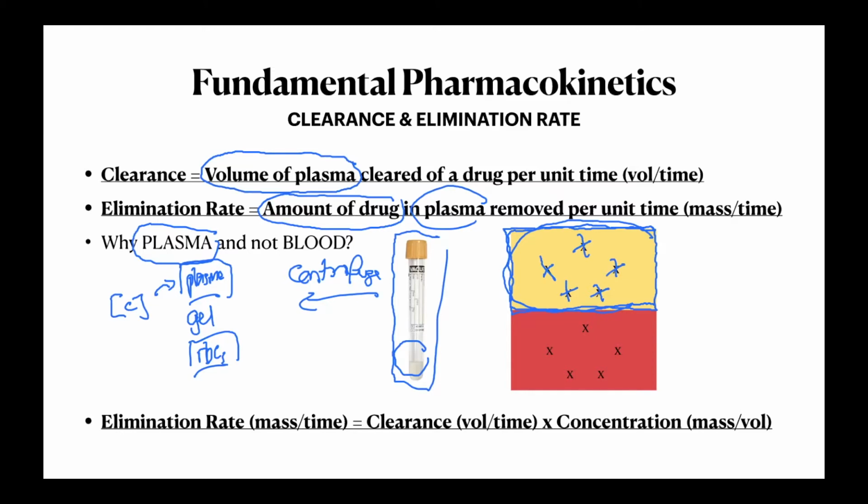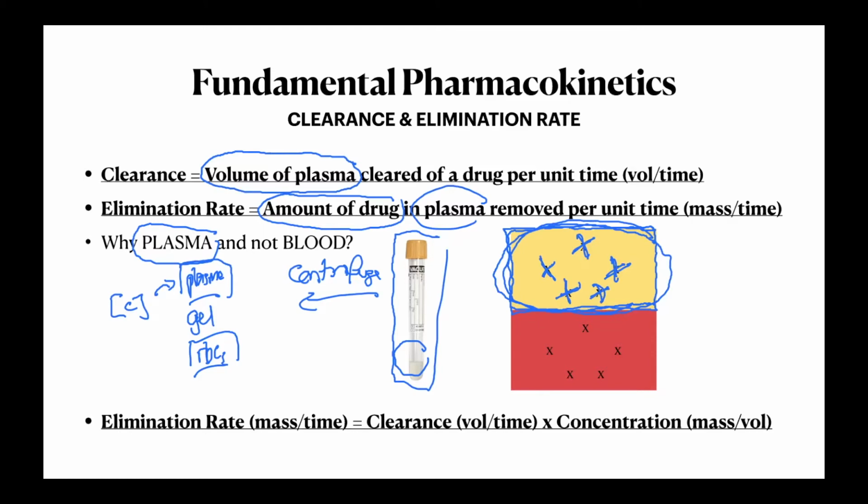So when we talk about elimination rate, which is the amount of drug cleared per unit time, it equals clearance times the concentration. In words, it's the amount of plasma that's cleared per unit time multiplied by the current concentration of the drug within that volume.